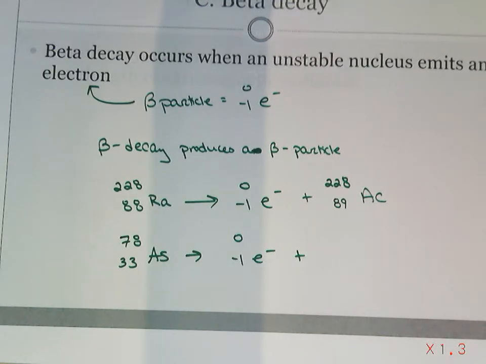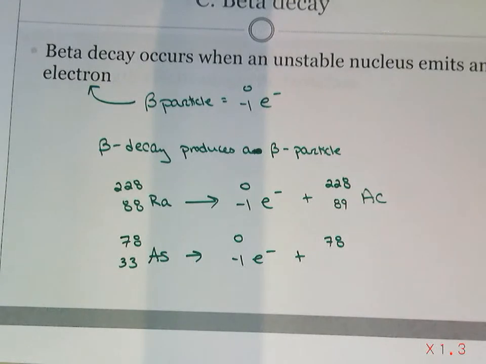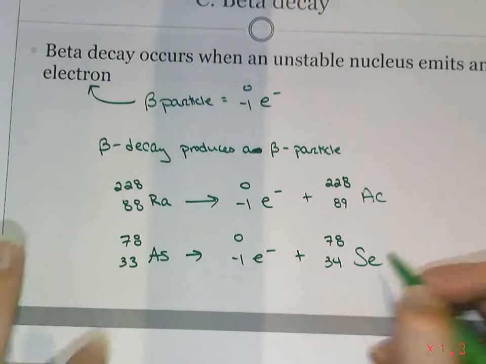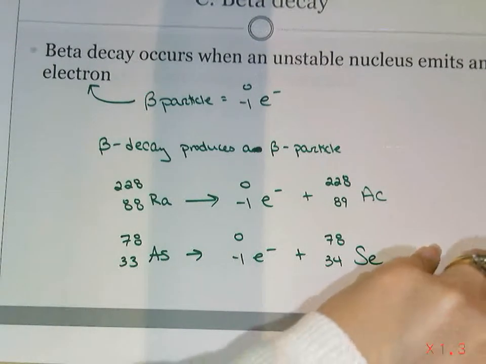What would be the mass number of the new particle? And then what would be its new atomic number? So there are two different ways we can decay. We can either release a helium atom or we can release an electron.